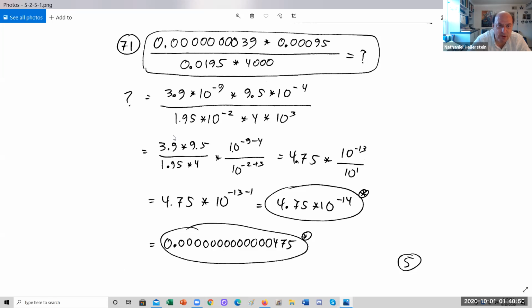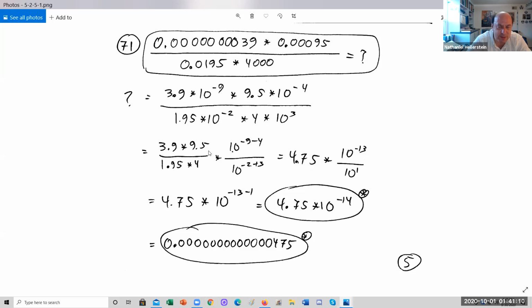So you multiply all these mantissas out: 3.9 times 9.5 over 1.95 times 4. In the numerator, 10 to the negative 9th times 10 to the negative 4th, we add those and get 10 to the negative 13. In the denominator, we add negative 2 and 3, 10 to the first.